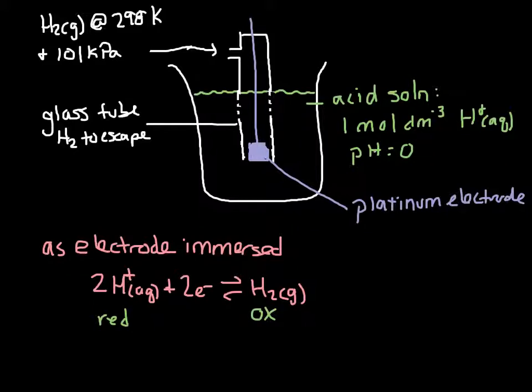Therefore, this can occur as an equilibrium reaction because we're not set up as a full voltaic cell. And so the equilibrium reaction will take place between the two. Now, the value at which this takes place is arbitrarily assigned a 0 value.